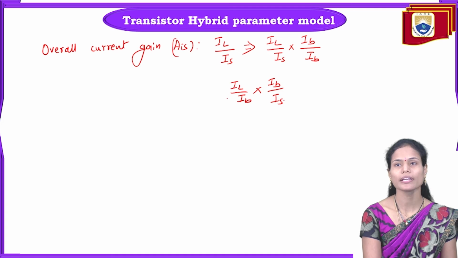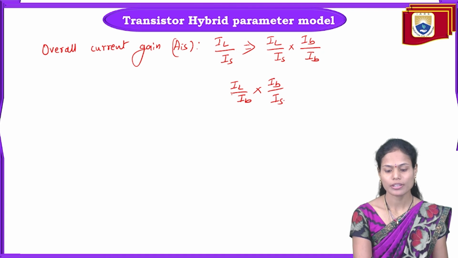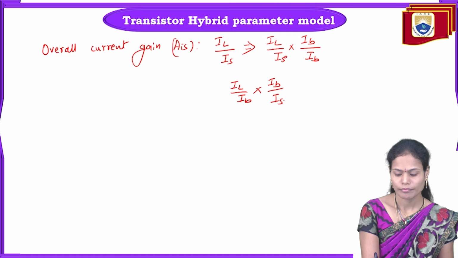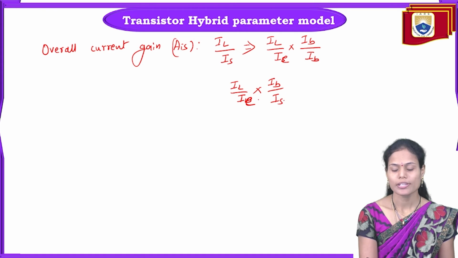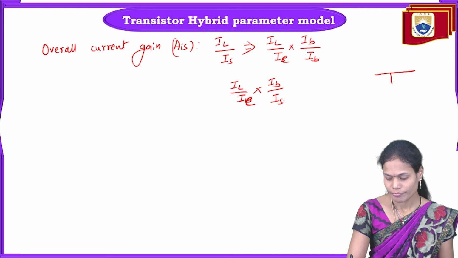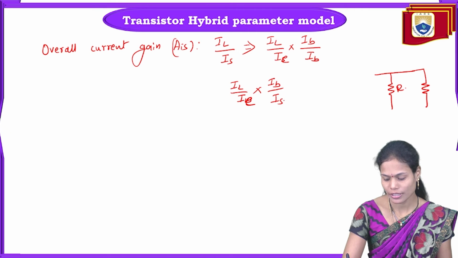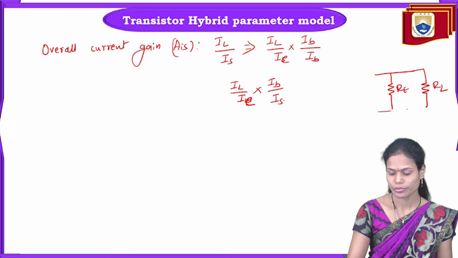Here IL by IB is nothing but the current gain. So we need to find IB by IS here. To find IB by IS, again I am taking the output side circuit, where we have the emitter resistance as well as the load resistance values.